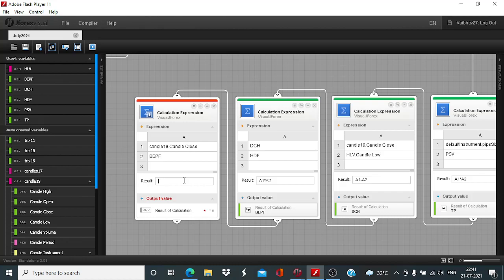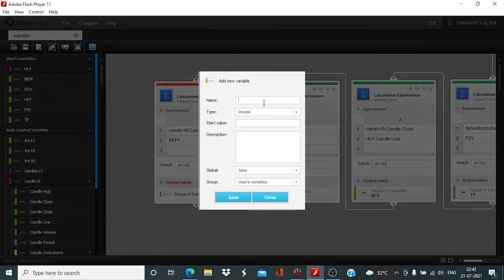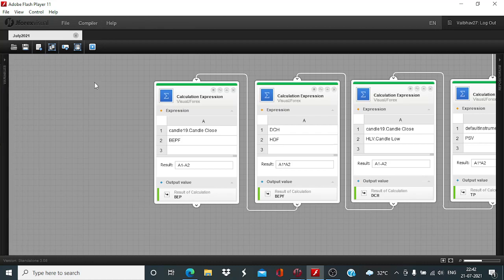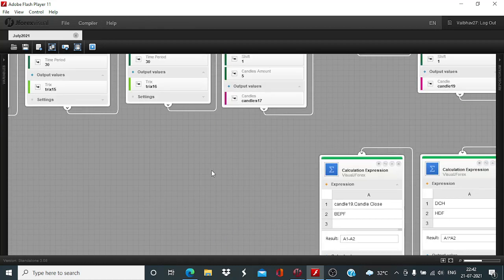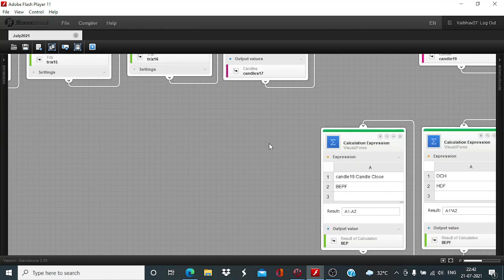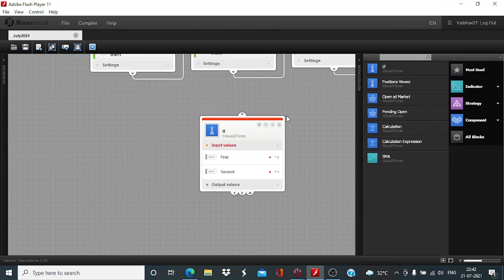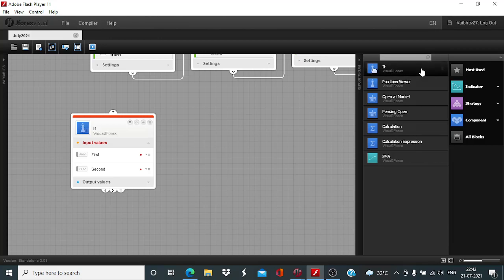So we have A1 minus A2, and this will be our entry point for the buy trade. Okay, so far so good. So we have carried out this calculation. Now let us start defining the requirements which need to be in place for the execution to take place.